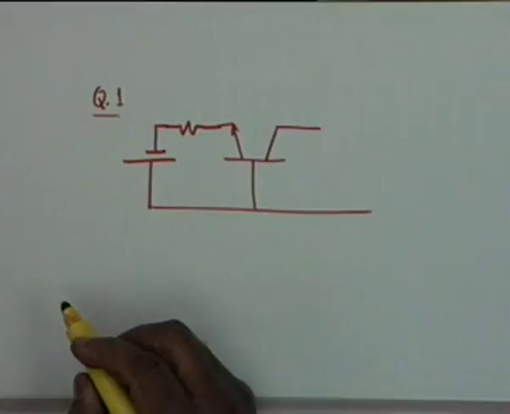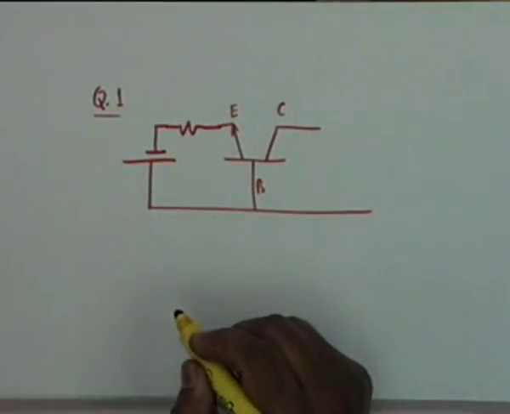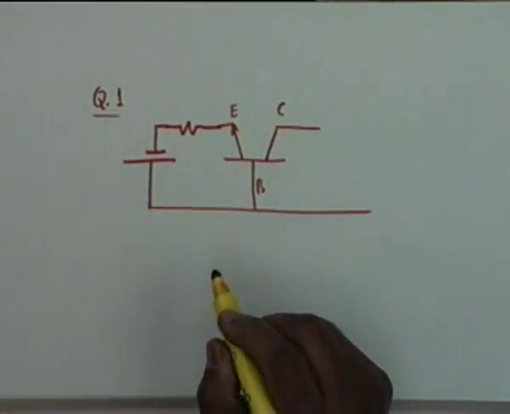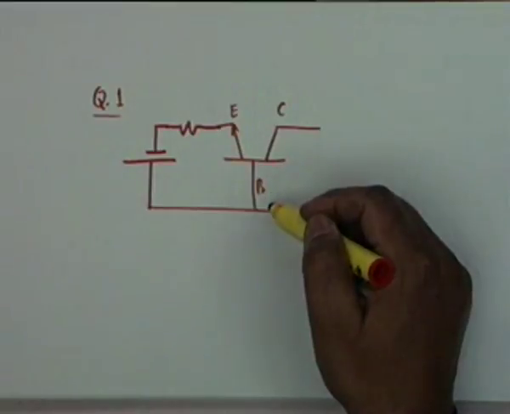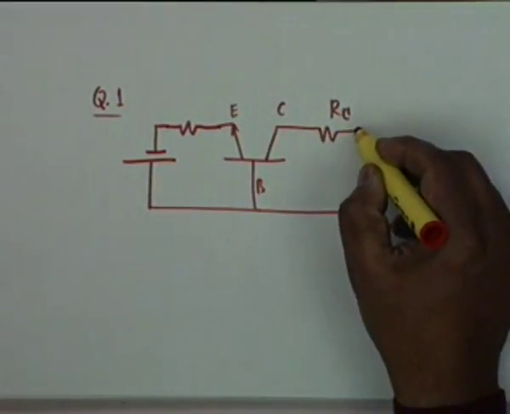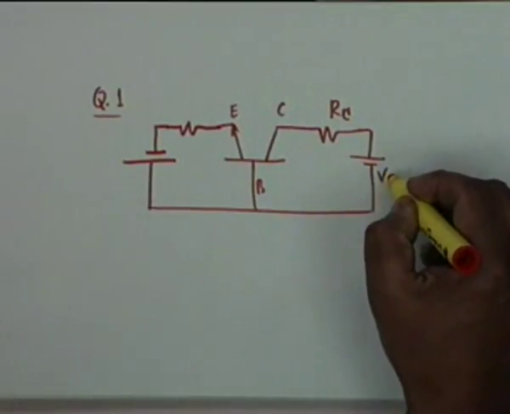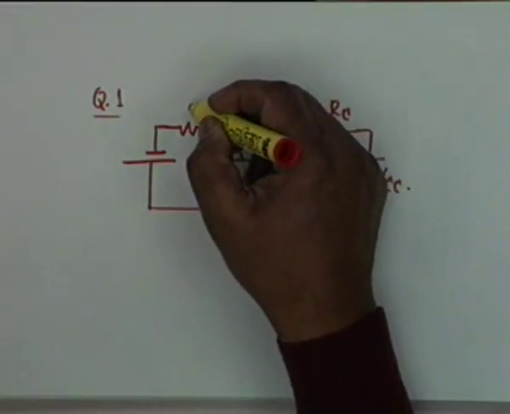The battery is like this. This is the emitter, this is the collector, this is the base. So it's an NPN transistor. The arrow goes out, but it's a common base transistor. This is RC, and this is VCC, and this current is IE.